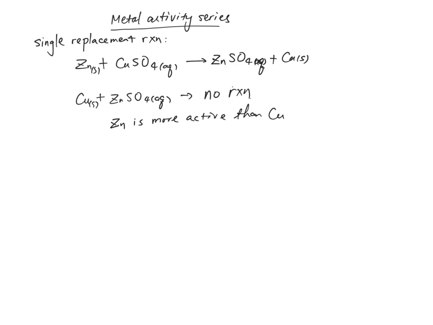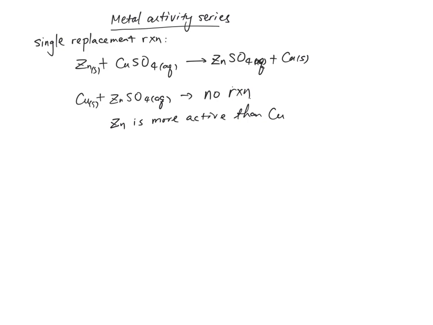Does it happen between other elements? And then people start to experiment on this. Okay, I'm going to try to put all kinds of different metals into all kinds of different salt solutions and observe, see whether something happens too.